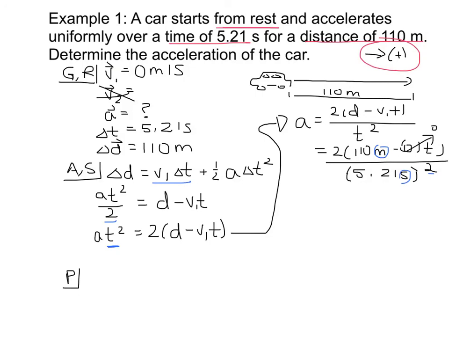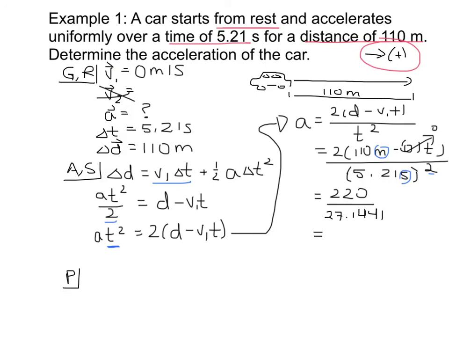So now I just have to finish up my math here. So we've got 2 times 110, so that's 220 on the top here. And the squared on the bottom, I end up with 27.1441. You should try this in your calculator at the same time just to verify you're getting the same answers.